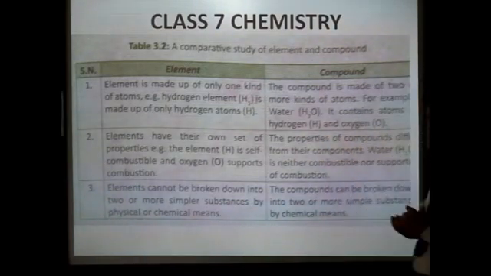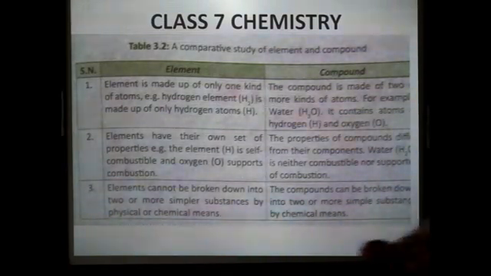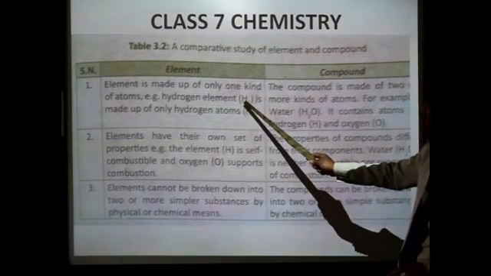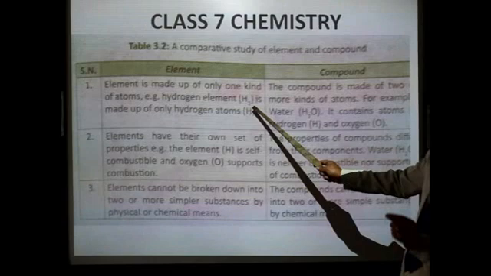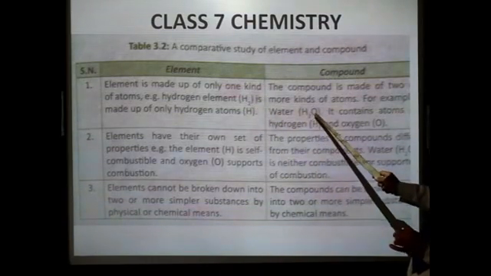But in the case of a compound, the compound is made of two or more kinds of atoms. For example, water, H2O. You can see the difference here. In the hydrogen element there is H2, H and H. But in water there is hydrogen as well as oxygen.